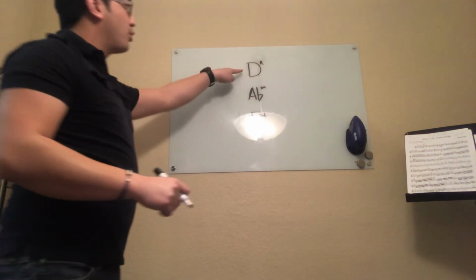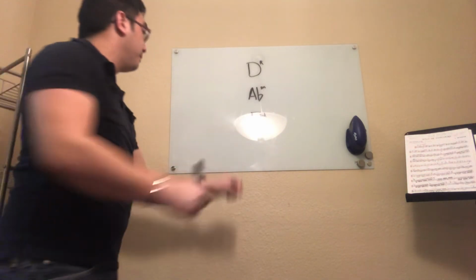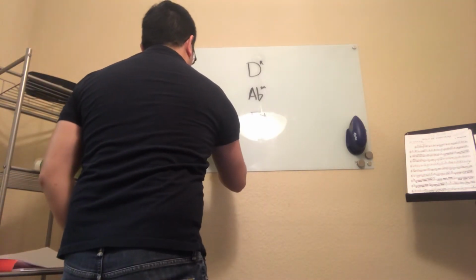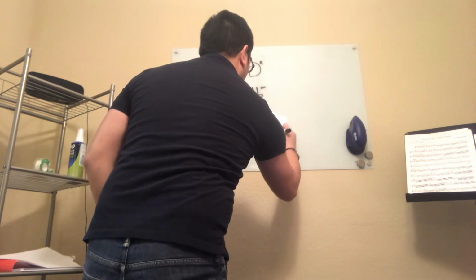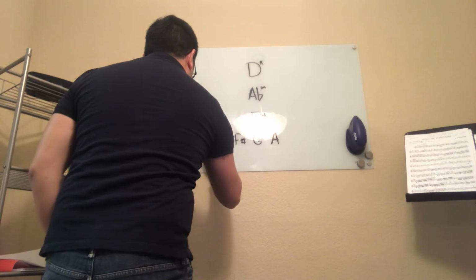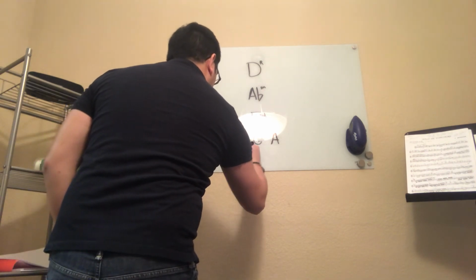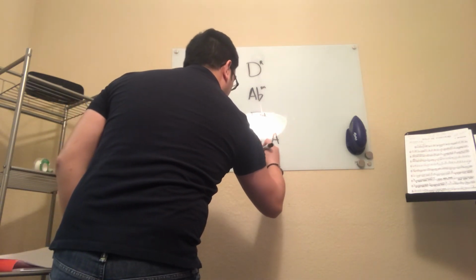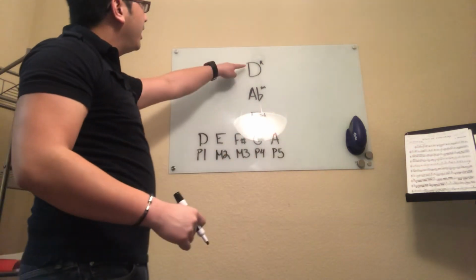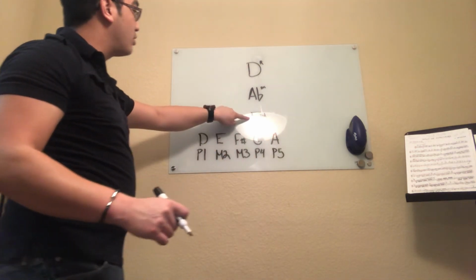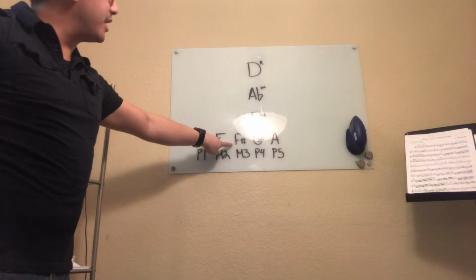So we're going to build the root's major scale. Diatonic intervals. So the interval from D to F natural, the closest thing I have is an F sharp.